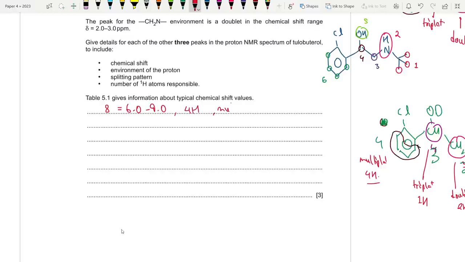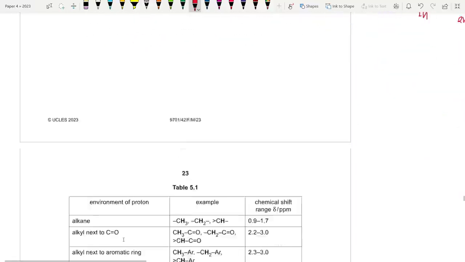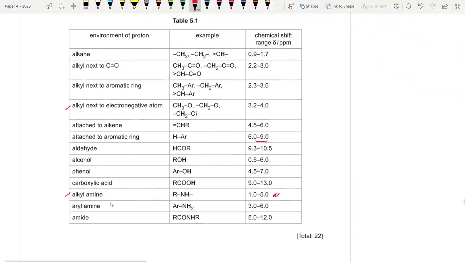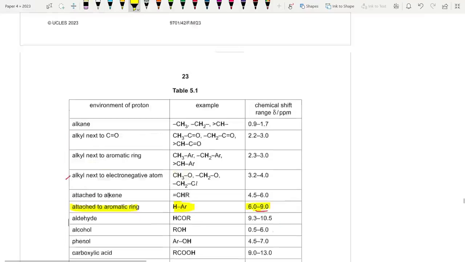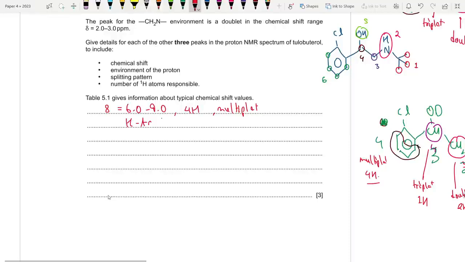It is a multiplet, and it is mainly due to hydrogen attached to AR, like in the data booklet over here. Hydrogen attached to AR, look, HAR. You could write that, or just say that it's hydrogen attached to aromatic ring.